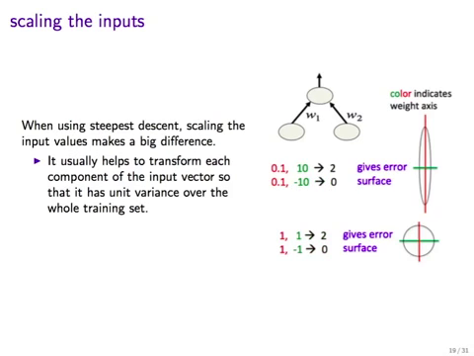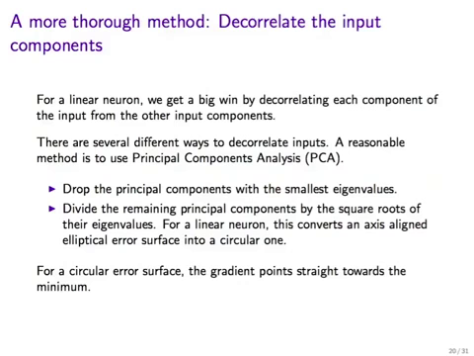For similar reasons, scaling the inputs is just as important. If one input has a range 100 times larger than the other, then the error surface is elongated by a corresponding factor. Scaling your inputs solves this. In general, input decorrelation can improve the error surface.